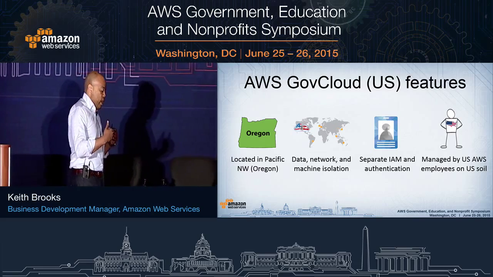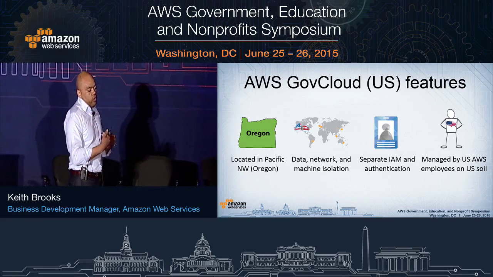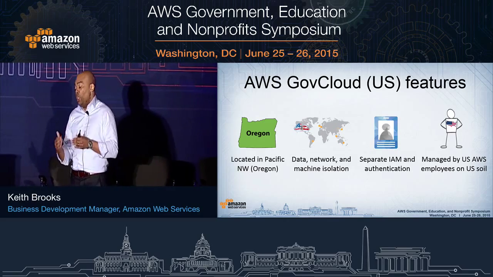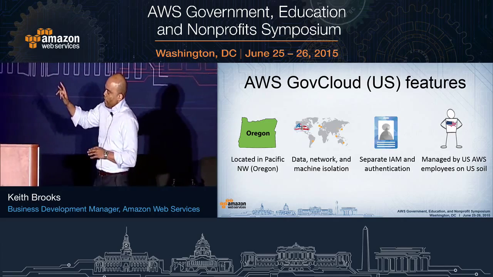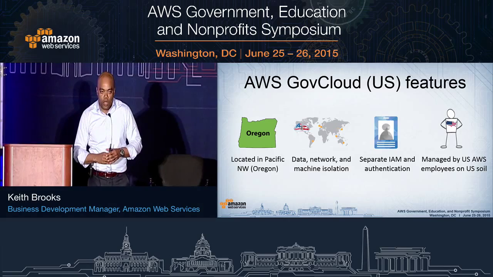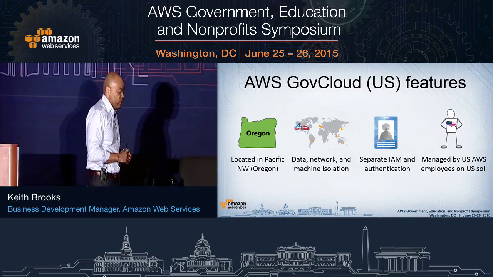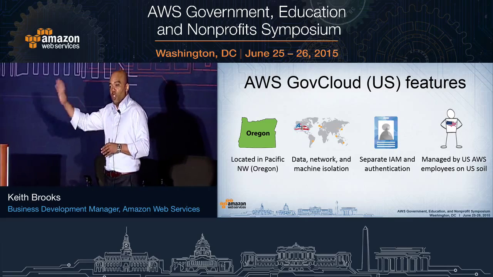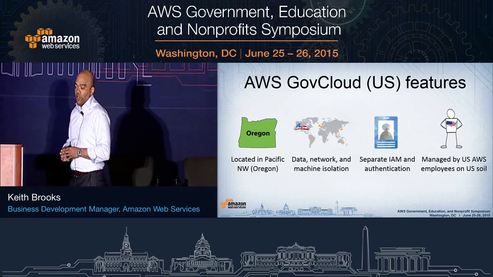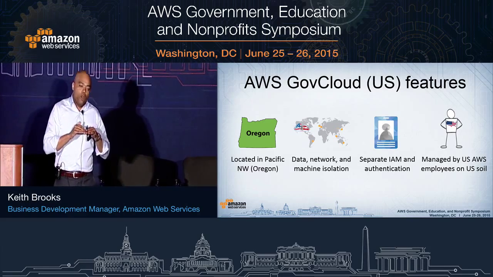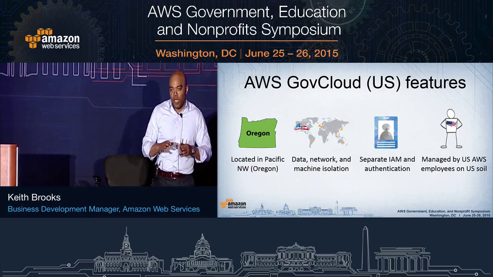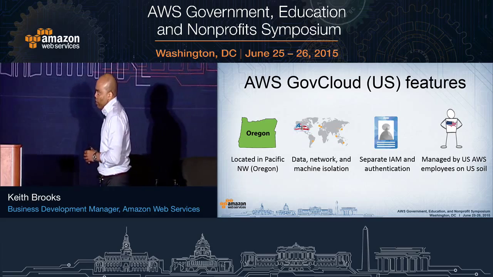You have to have a GovCloud account, which has unique access to the console. It has its own independent console, driven primarily by the data network and machine isolation. So you can't launch GovCloud instances from your standard AWS account in that management console, and you can only launch resources, workloads, and data in the GovCloud region from the AWS GovCloud management console itself.